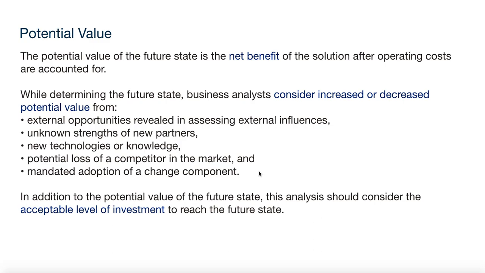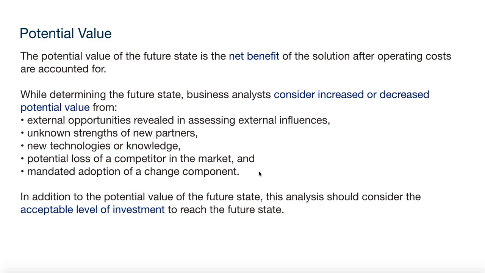Let's say the government or some regulations, policies, rules newly come out. You might need to be compliant with those new changes, so it might need certain changes again. So it could lead to potential loss. So for a future state, you always need to consider the increase or decrease in potential value.